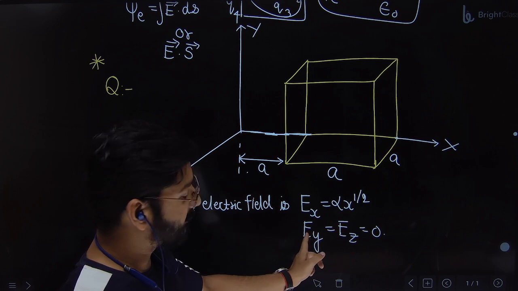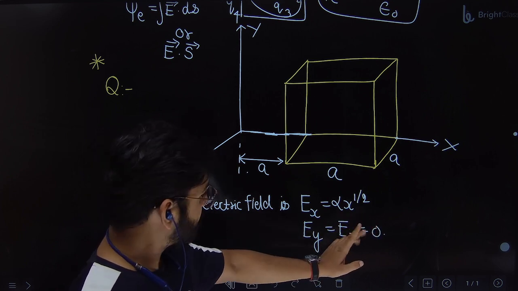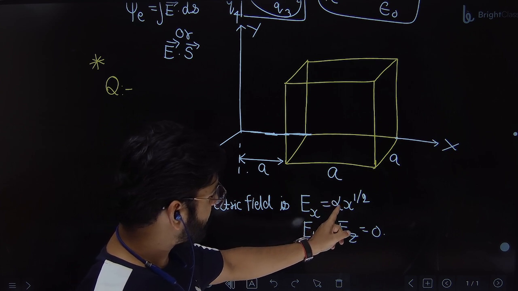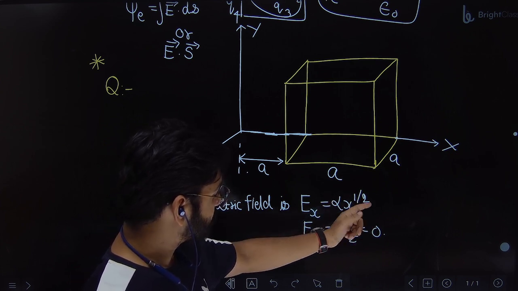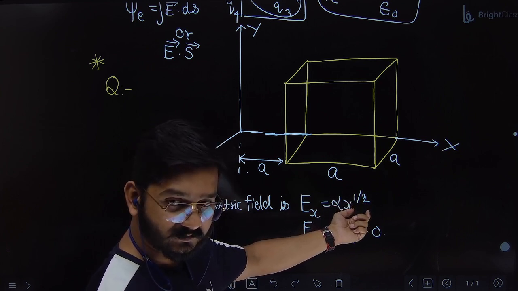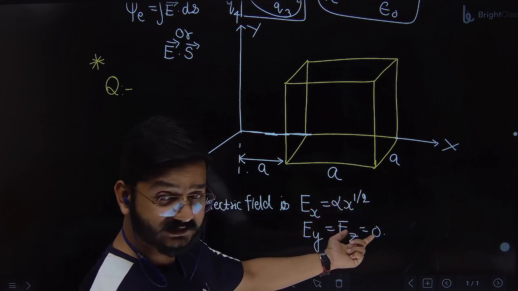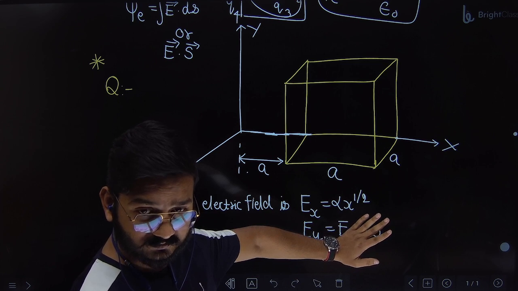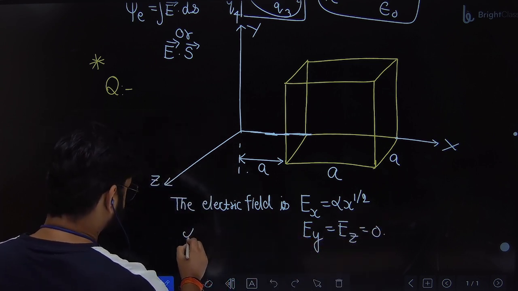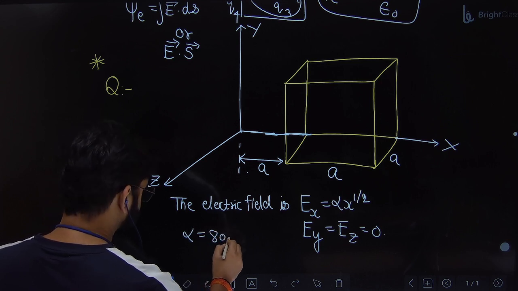There is no electric field present in y and z. If you notice carefully, the electric field depends on the x coordinate, but in y and z it is 0. What is alpha? Alpha is a constant which is 800.